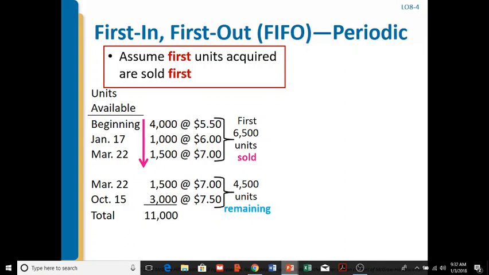Again, FIFO assumes that the first units acquired are the first items sold, and the results using either a periodic or perpetual system will be the same. And so here, again, we had at the end of the year 11,000 units available for sale during the year.